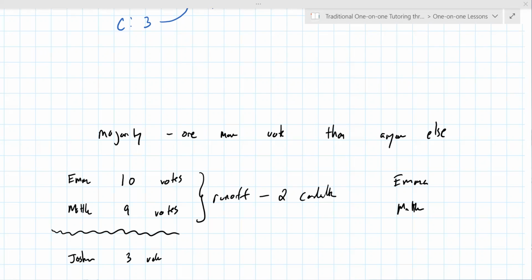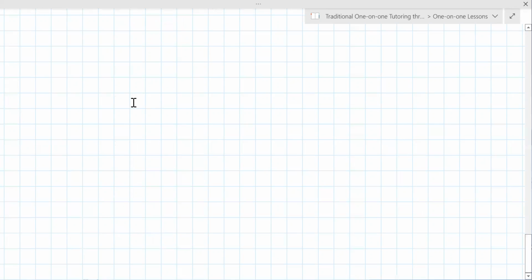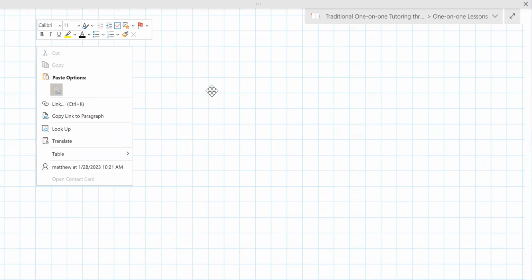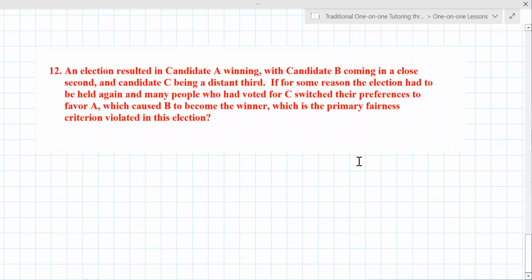So number 12, I don't know if you're ready to move on to that or not. Yeah. Number 12 looks really similar, but it's kind of awkward. So we'll read it again. It says an election resulted in candidate A winning, with candidate B coming in a close second, and candidate C being in a distant third.